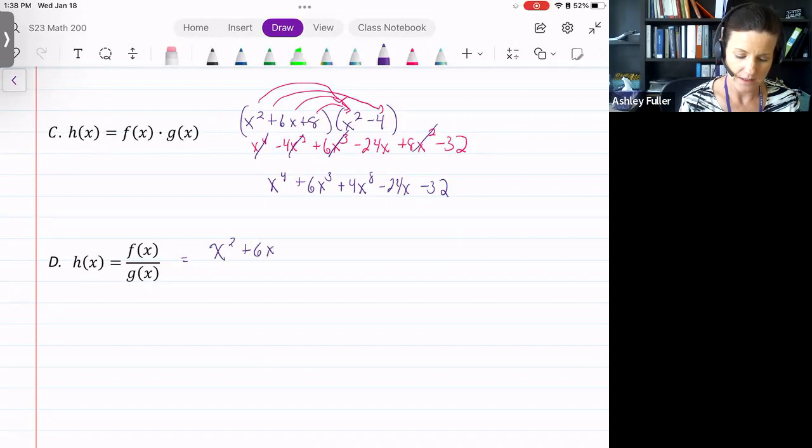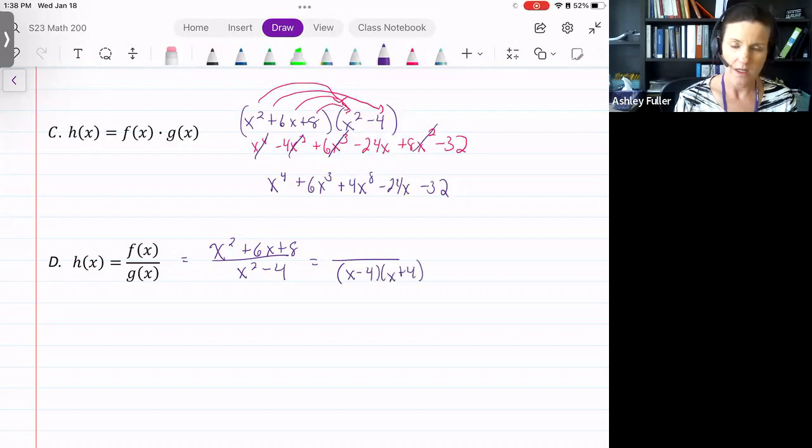Last but not least, I can use factoring when I perform division, and I have x squared plus 6x plus 8 divided by x squared minus 4. When I factor the bottom, it's the difference of squares, which leaves me with x minus 2, x plus 2. And using the AC method or a method of your choice, I can factor the top and get x plus 4 times x plus 2.